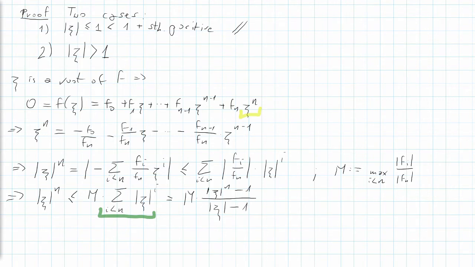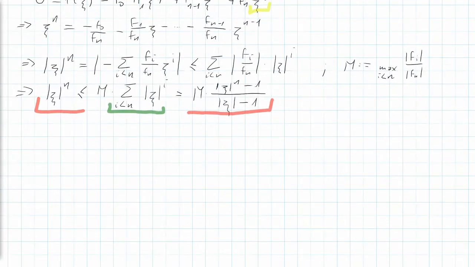So what I want to do now is compare the left hand side and the right hand side of our expression. So what we have proved is that the nth power of the absolute value of psi is bounded from above by m times the nth power of the absolute value of psi minus 1 over the absolute value of psi minus 1.